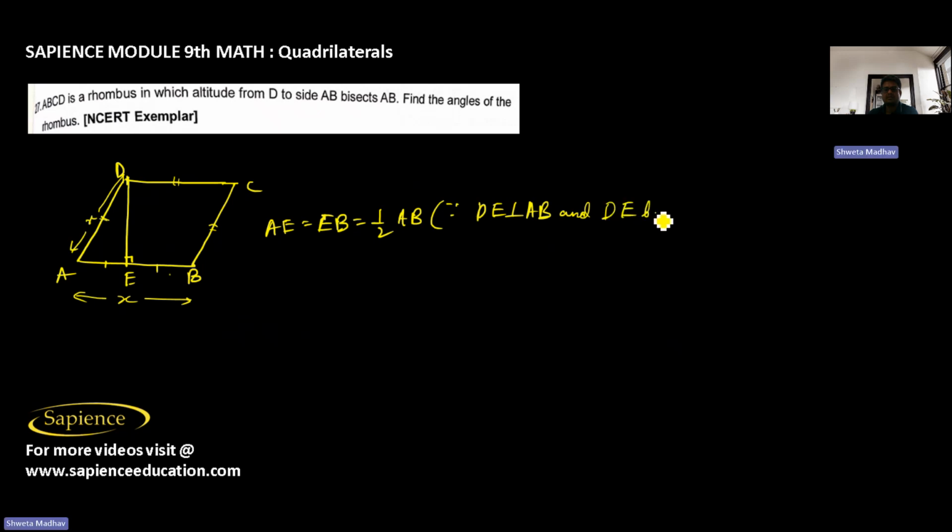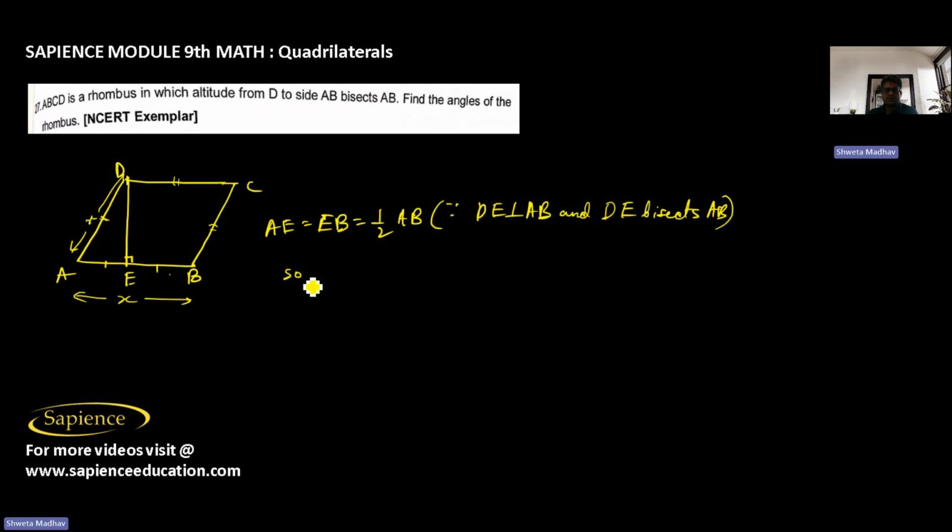Now, if I take AB length as x, then this is also x, and this is also x. Now AE, that is equal to half of AB, since it is told that DE is perpendicular to AB and DE bisects AB.